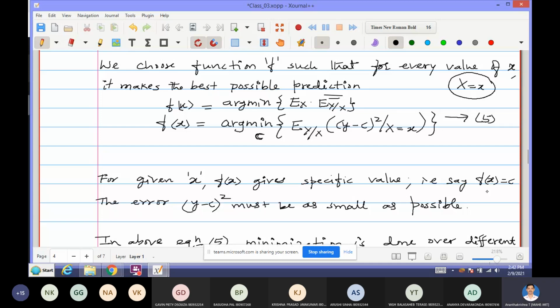That specific value we denote as c. So the objective is to find the error, y minus c: the true output minus the estimate of the output, the predicted output c, that is f of x. The square of that difference, the error, must be as small as possible.